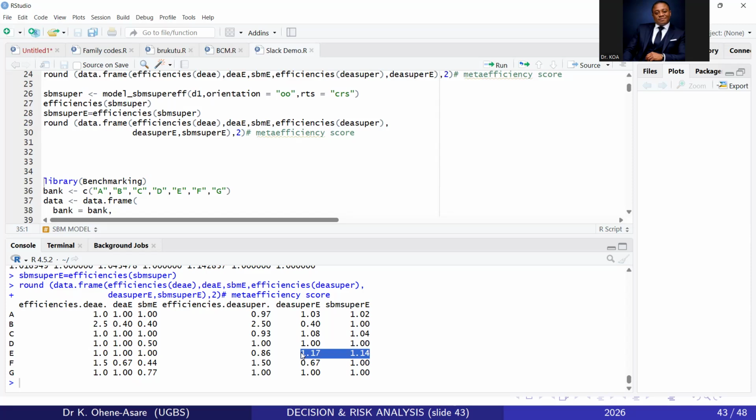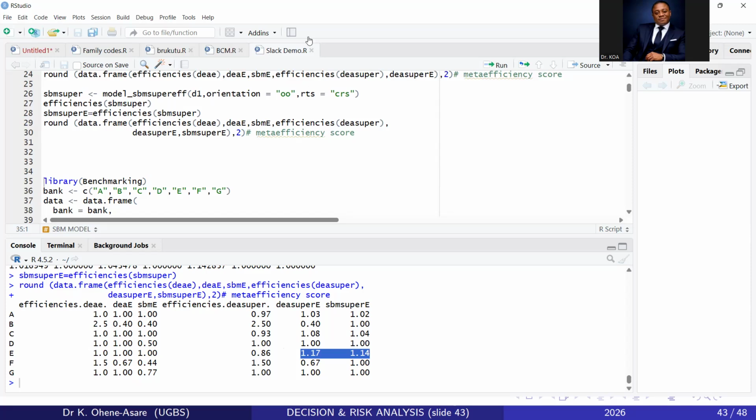So the whole idea is for the efficient firms. That's the main idea. And the SBM is still more discriminatory than the DEA, in both the super efficiency and non-super efficiency world.